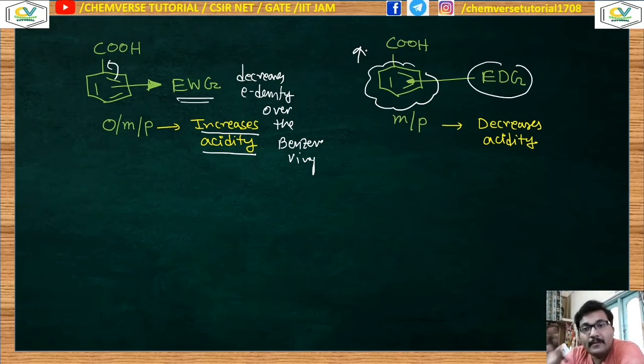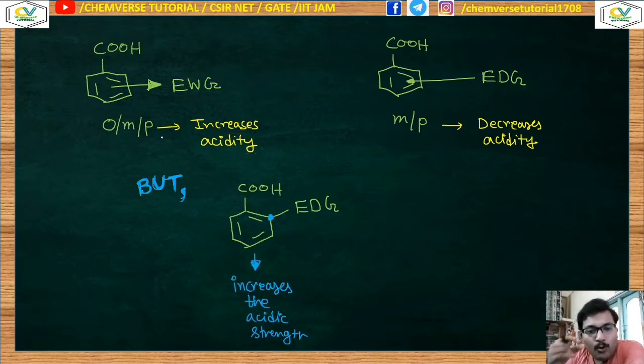So this also matches with our expectation, except for ortho substituents. Remember, here I have shown only meta and para substituted. Surprisingly, for ortho substituted, even an electron donating group increases acidic strength, and this is a very interesting feature.